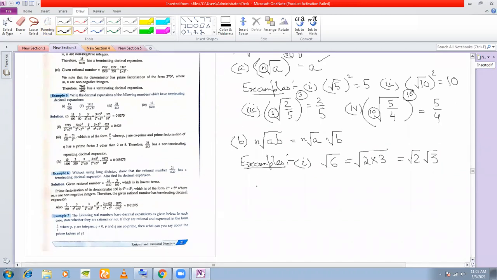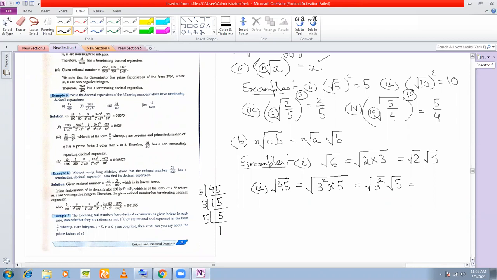The next example is, say, square root of 45. You prime factorize 45. You know how to prime factorize 45? I've taught you prime factorization last year. 3 into 15, 3 into 5, and 5 into 1. So you get square root of 45 as 3 squared into 5, which is equal to, from the second property, root of 3 squared into root 5.